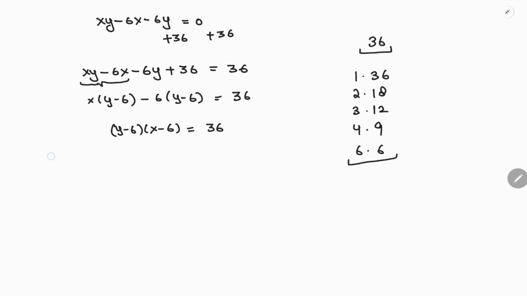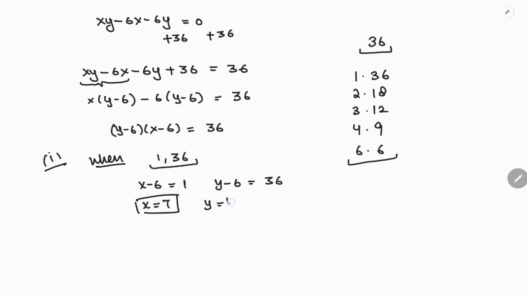So I will take case 1, okay? When I take 1 and 36, then suppose x - 6 = 1 and y - 6 = 36, right? So what will be equal to? x will be equal to 7 and y will be equal to 42, okay?